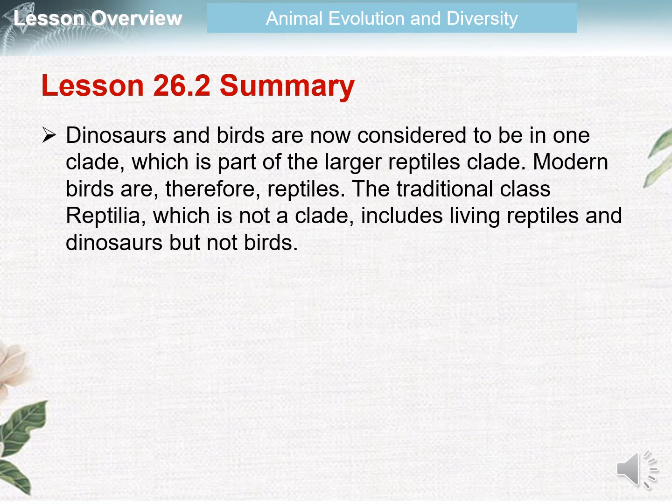Dinosaurs and birds are considered to be in one clade, which is part of the larger reptiles clade. Modern birds are therefore reptiles. The traditional class Reptilia, which is not a clade, includes living reptiles and dinosaurs but not birds.